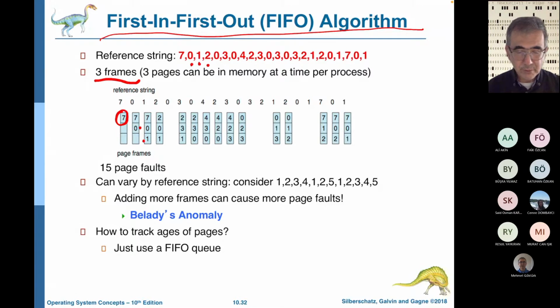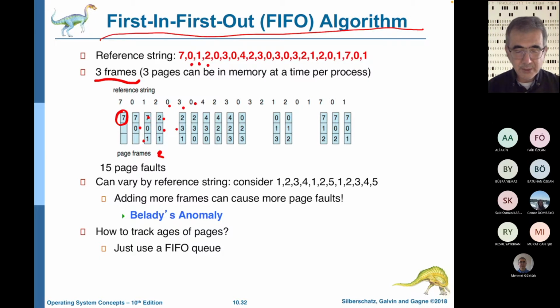Then 1. Then 2. When I ask for 2, there is no free frame, so there will be one victim. Who is the victim? 7, because that is the first one. So first in, first out. So 2 comes there. Then I need 0. 0 is there, so no page fault. Then 3. 3 comes here because at that point 0 is the oldest.